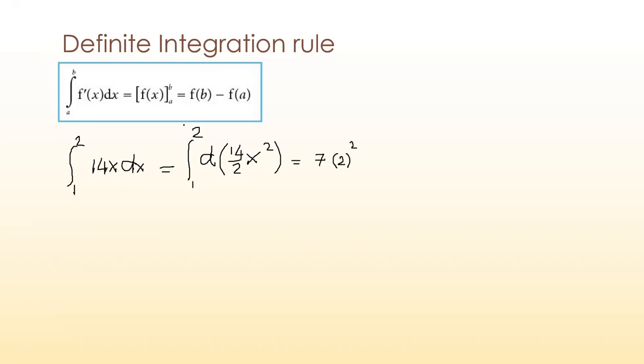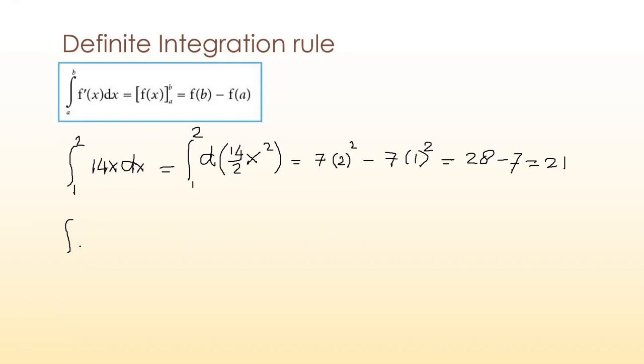Because the upper limit is 2, minus the lower limit, 7 times 1 squared. It becomes 7 times 4, 28, minus 7 times 1, 7, which becomes 21. Very simple.